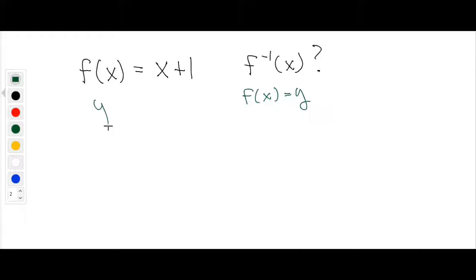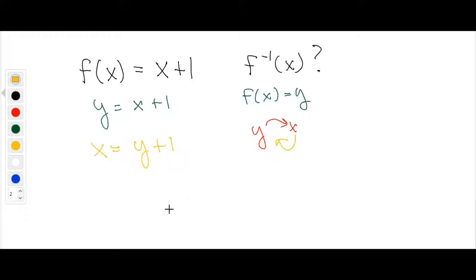So now I would say y equals x plus 1. Now you want to swap these two. You want to take y for x and change x into y. So then you want to do x equals y plus 1.